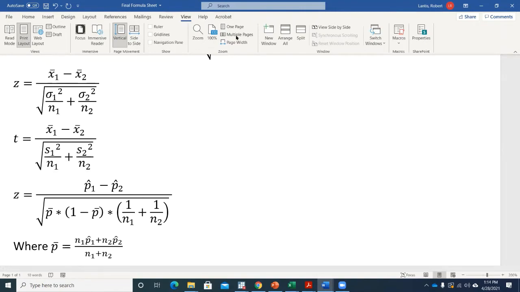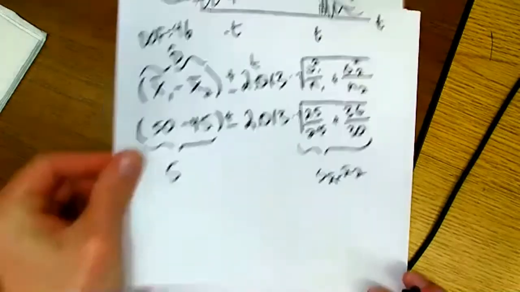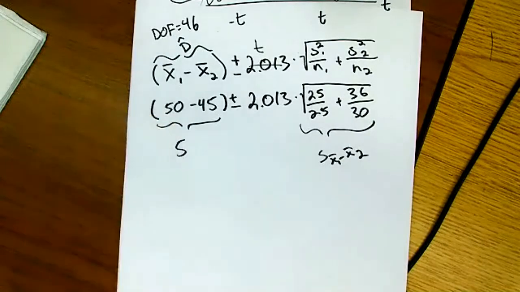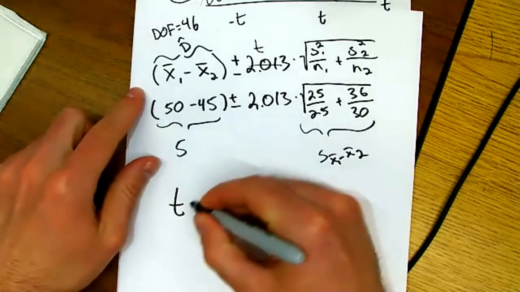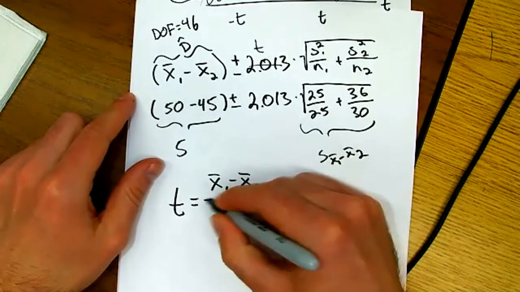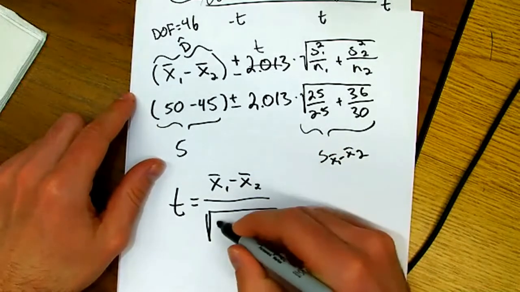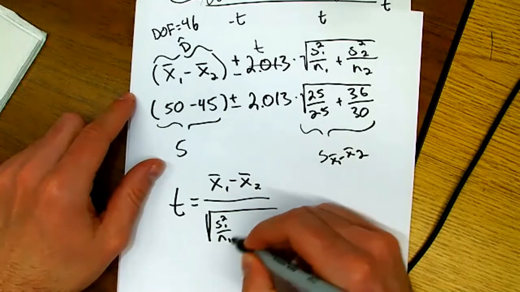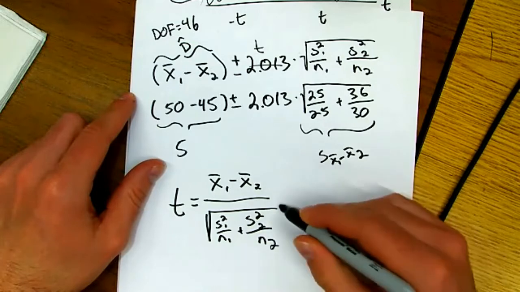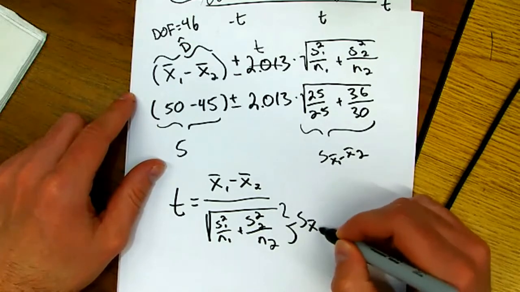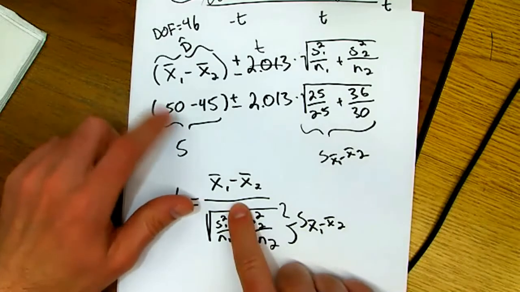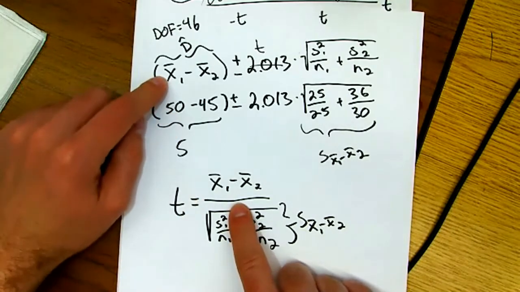I'm going to write this down and try to line this up with what we were doing with the confidence intervals, and hopefully by the end we'll bring everything together. I'll take the difference in my sample means, divide by each group's variance over that group's sample size. Notice I have similar components. For my confidence interval, I was basing it around that sample difference.